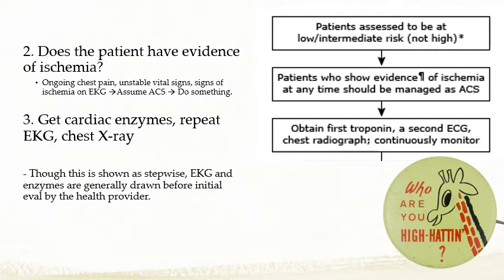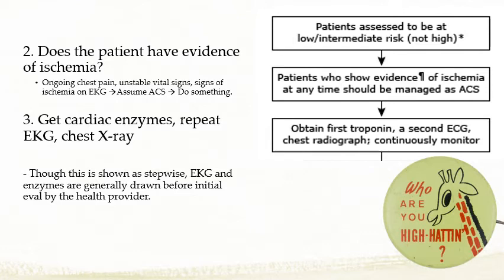So the tricky thing with this is that we've made this into steps 1, 2, and 3, but in most hospitals, all these 3 steps are put in together and they're done before you even see the patient, right? Cardiac and EKGs are generally done right away. And in some places, cardiac enzymes go along with that.